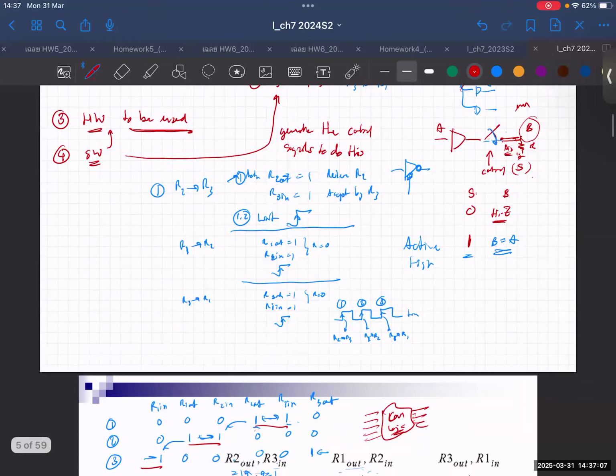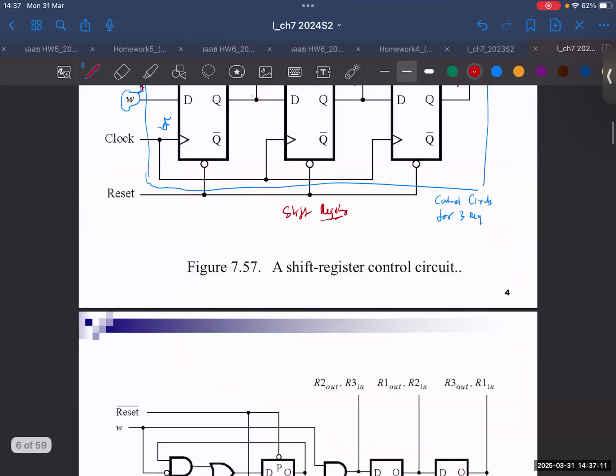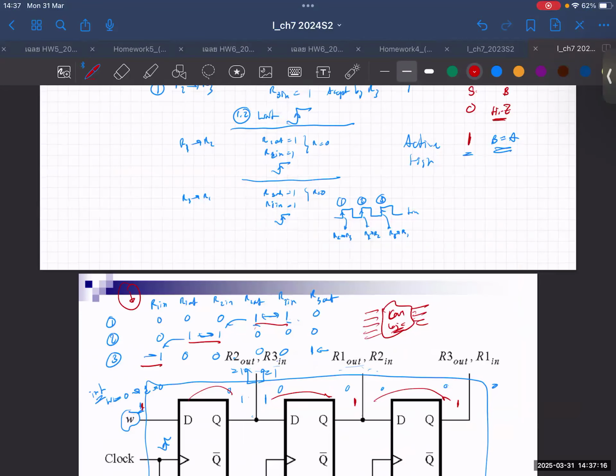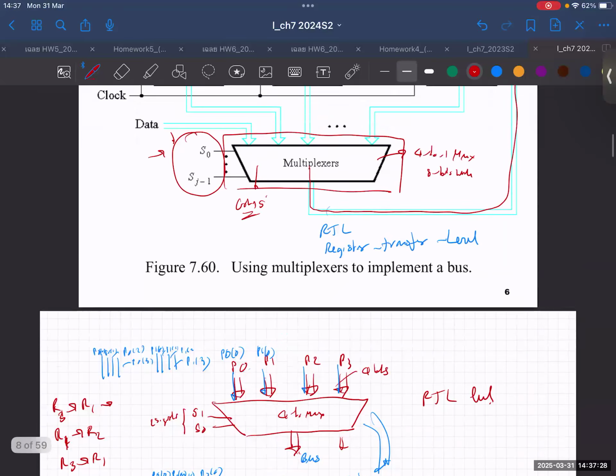The control signals before, you had six signals, right? Now you say that these are the control signals. But if you use the mux, what's the difference? Now you have three signals to control. You have to control the mux, right?